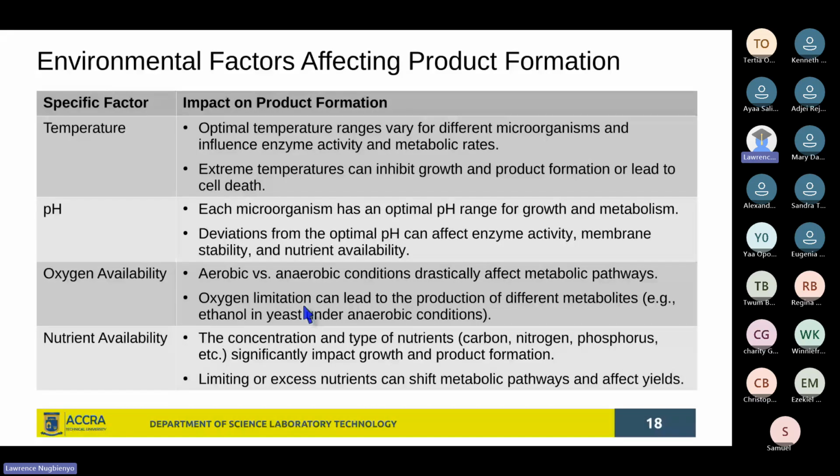You are going to have a reaction that will just be an aerobic breakdown of carbohydrates, which will just result in some acetyl-CoA, carbon dioxide, and that's it. You don't have ethanol. You need anaerobic conditions, and so you need to control the amount of oxygen in the system.